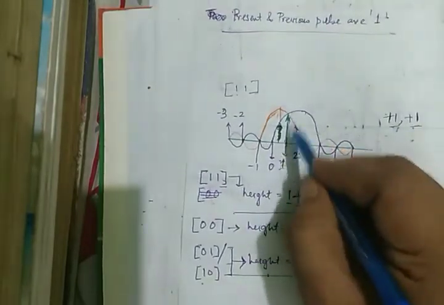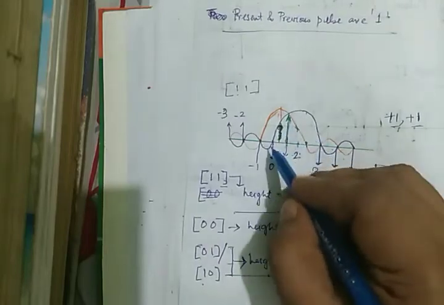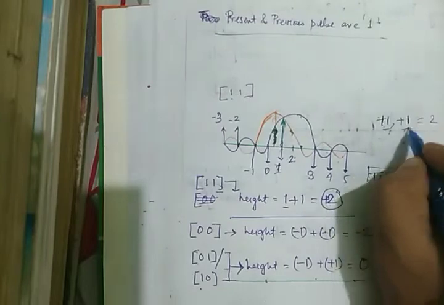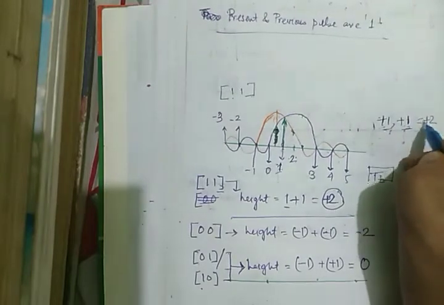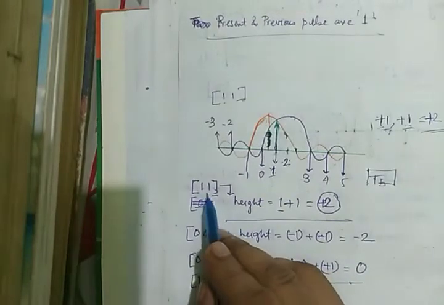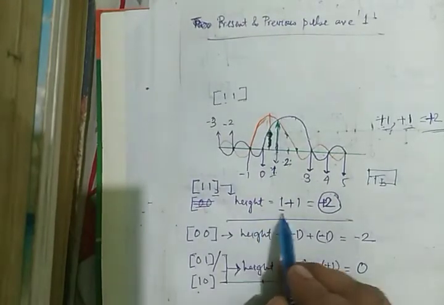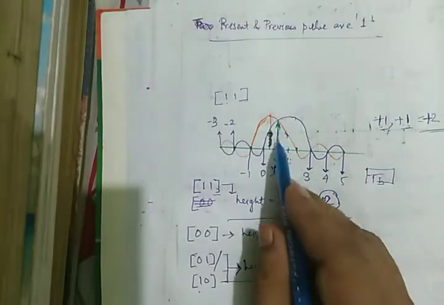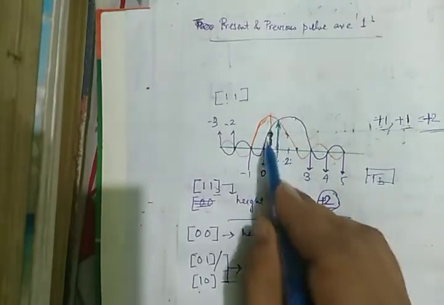So what will be the net voltage after interference? The net voltage will be the summation of these two, plus 1 plus 1, so this will become plus 2. That's what we have shown here. For 1-1, height will be 1 plus 1, which is equal to plus 2: 1 from the present plus 1 from the previous pulse.